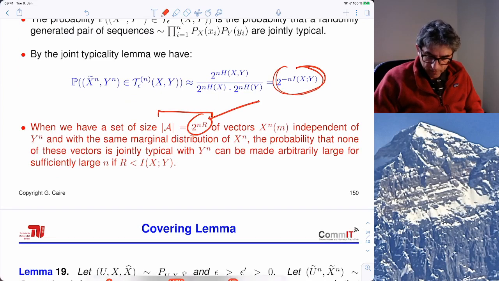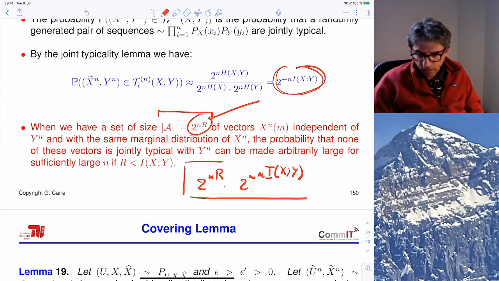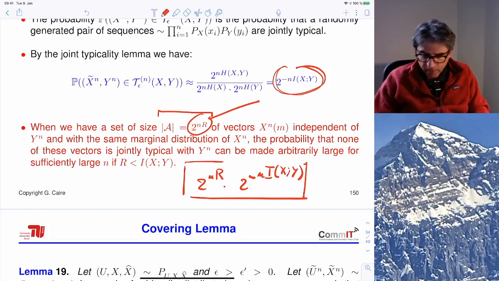If 2 to the nr times 2 to the minus n times the mutual information goes to 0, then it is reasonable that the probability that some of these sequences are jointly typical with a given independently generated y will also vanish, and this is what the lemma proves.